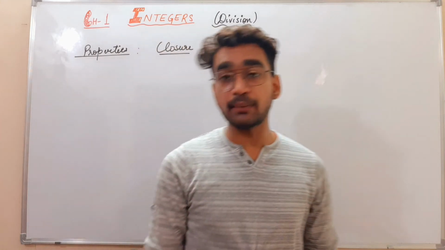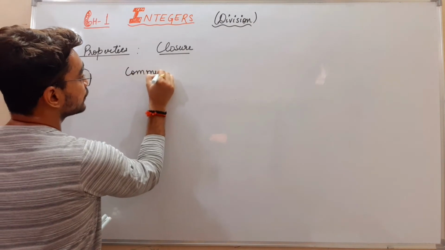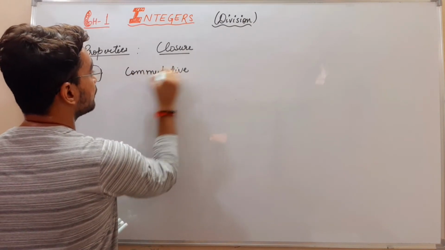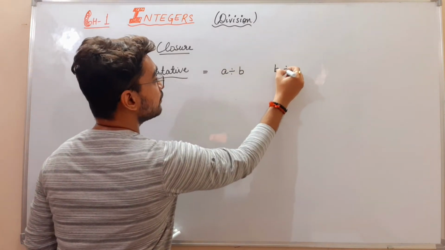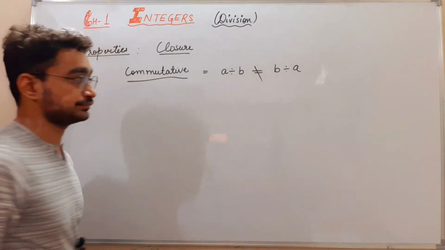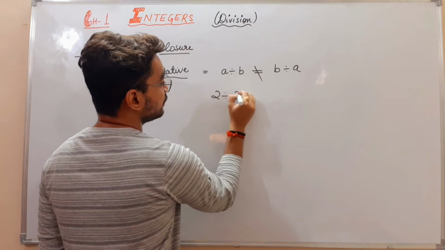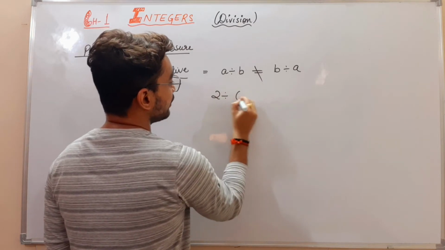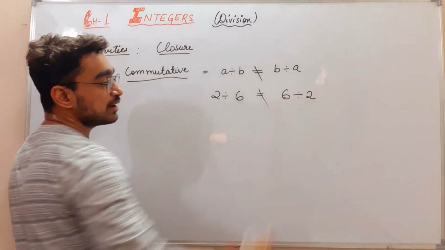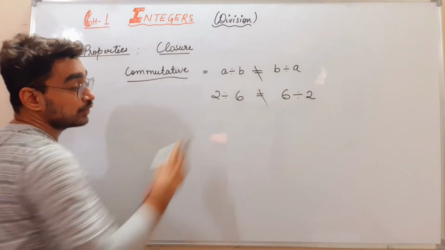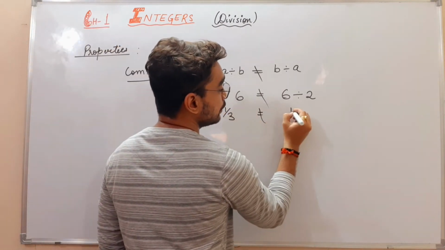If closure property is not applicable, what about commutative property? Commutative property says that A divided by B will be equal to B divided by A. Right? No. For example, 2 divided by 6 will be equal to 6 divided by 2? 6 divided by 2 will be equal to 3, but 2 divided by 6 will be equal to 1 by 3.